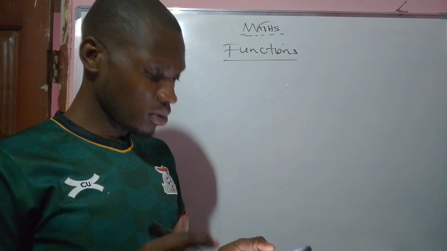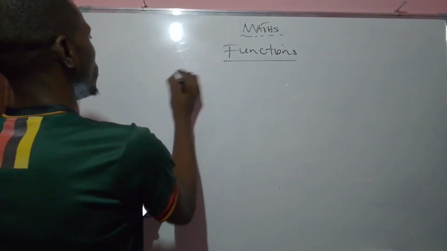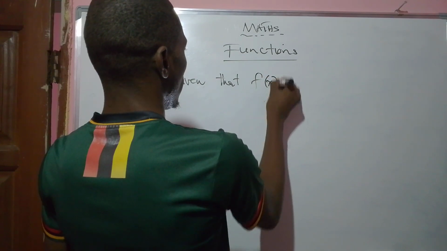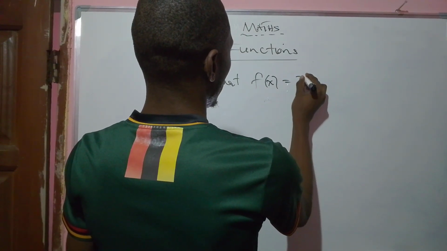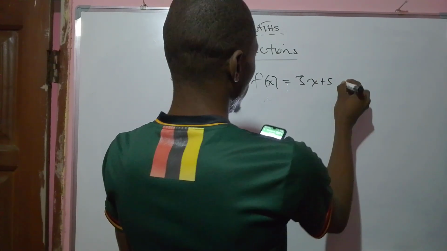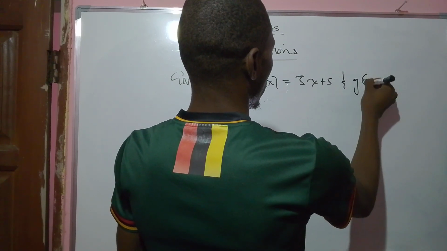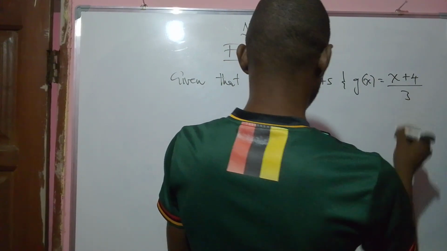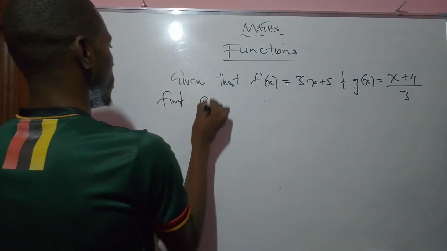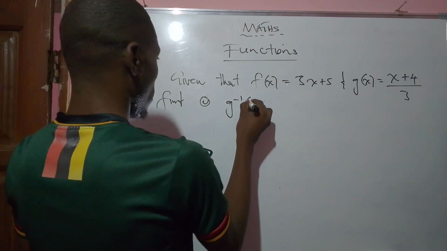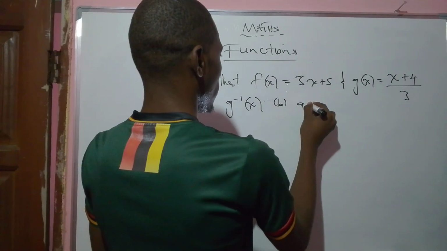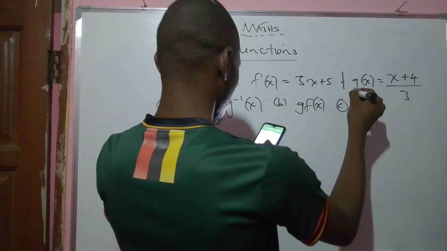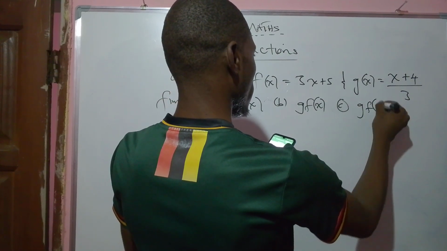Let's start with which one? Let's start with 2024 internal. So the question is: given that f of x is equivalent to 3x plus 5 and g of x is equal to (x plus 4) over 3, find (a) g inverse of x, then (b) gf of x, and (c) gf of 4.